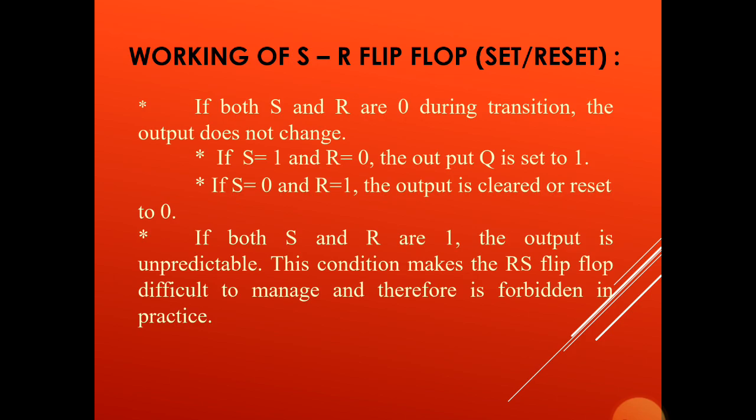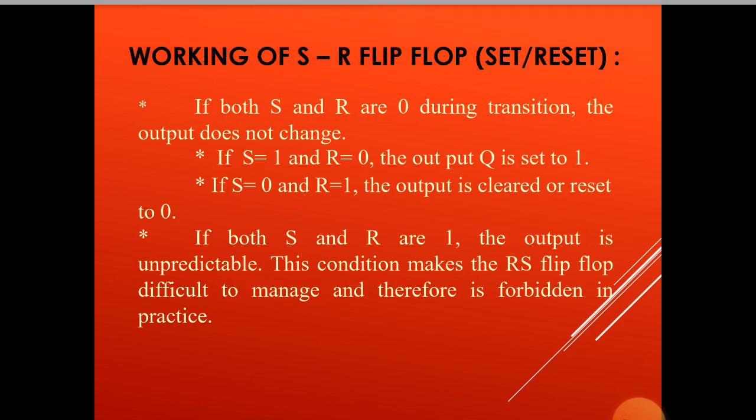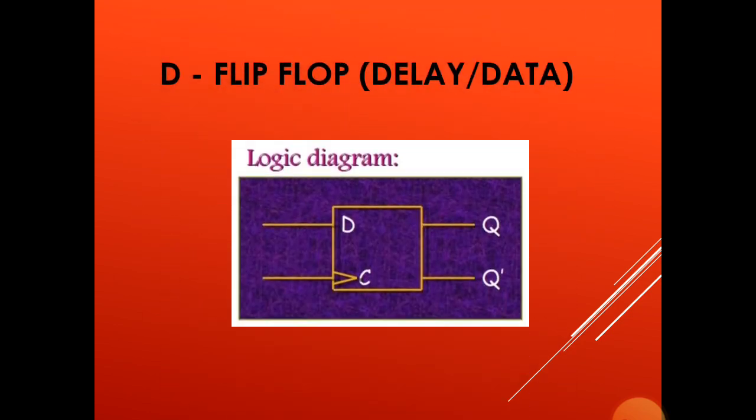S equal to 0, R equal to 1 is called the reset state, and the output is equal to 0. When both S and R are equal to 1, the state is called the indeterminate state. Indeterminate state means we can't tell what the output is, so the output cannot be determined.